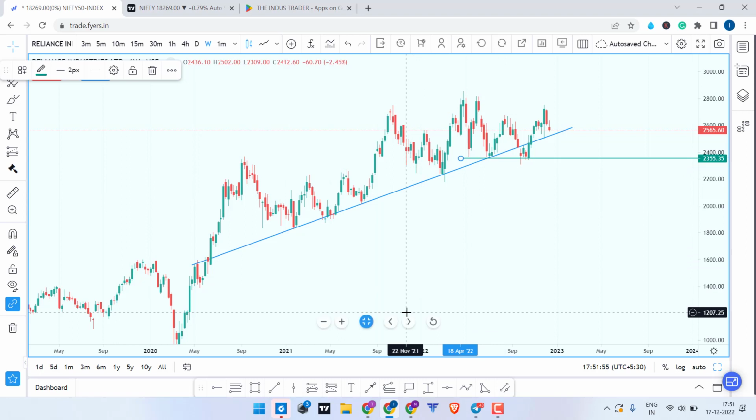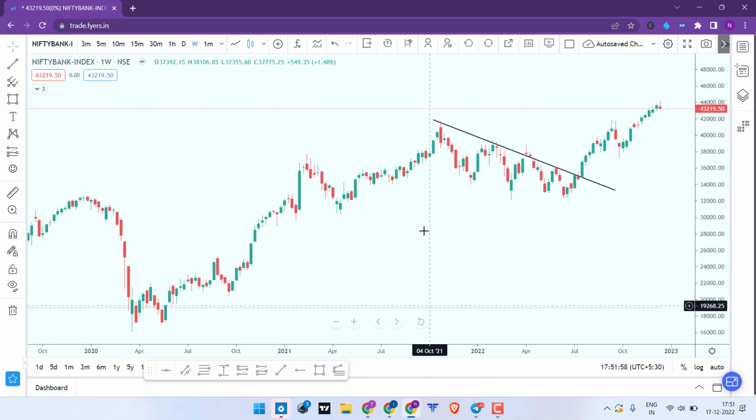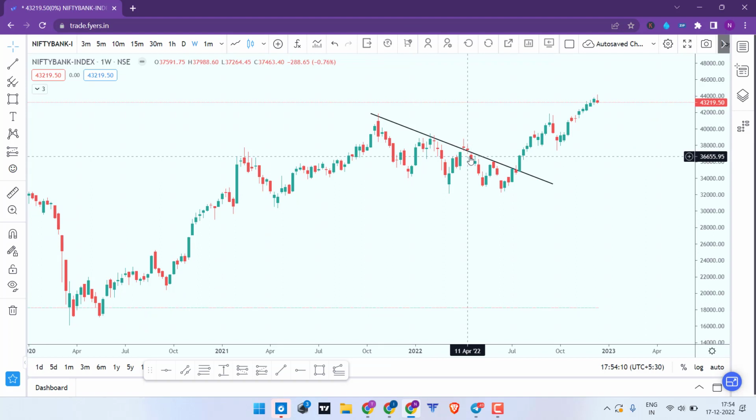And now the most important observation, where a lot of people have a doubt about different types of trends in different time frames. So let me explain by comparing side to side. Taking Bank Nifty as reference on the weekly time frame, this particular structure is forming lower lows and lower highs.